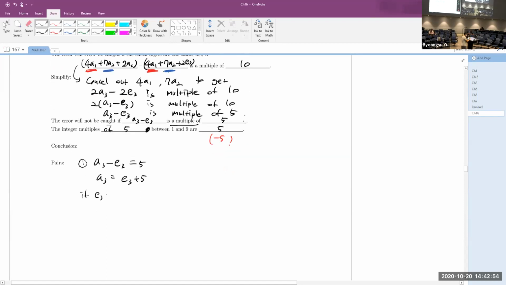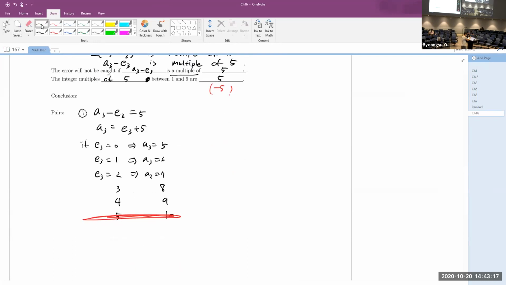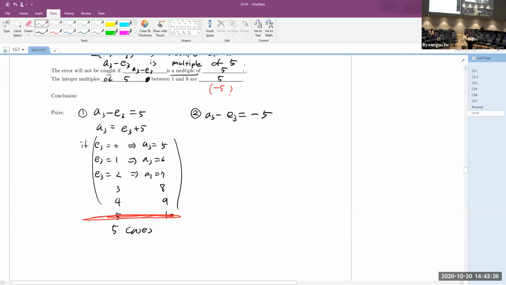So if E3 is 0, A3 is 5; E3 is 1, A3 is 6; 2, 7; 3, 8; 4, 9; 5, 10, but 10 is not allowed. So just delete the 5, 10 case to have 5 cases. And A3 minus E3 equal to negative 5 is nothing but the transposition of this.